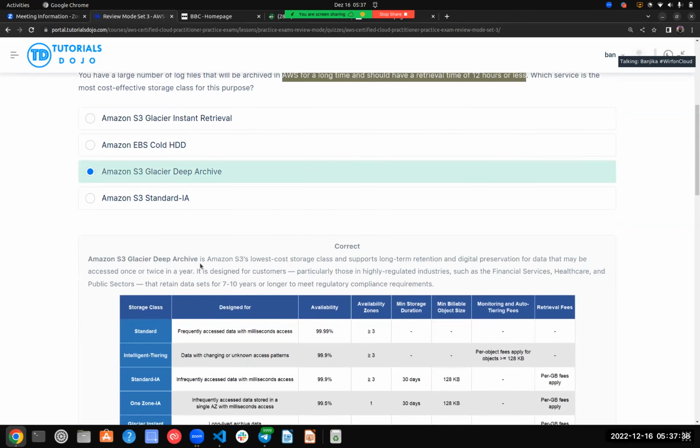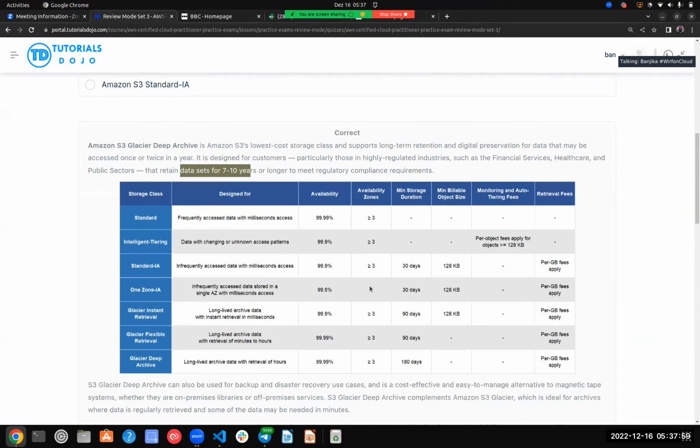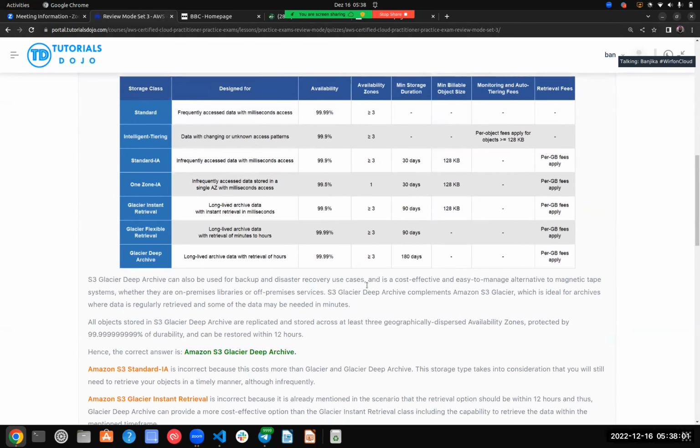That's correct. So Amazon S3 Glacier Deep Archive is the lowest cost storage option, supports long-term retention and digital preservation for data that will be accessed once or twice a year. It is designed for retention of 7 to 10 years.